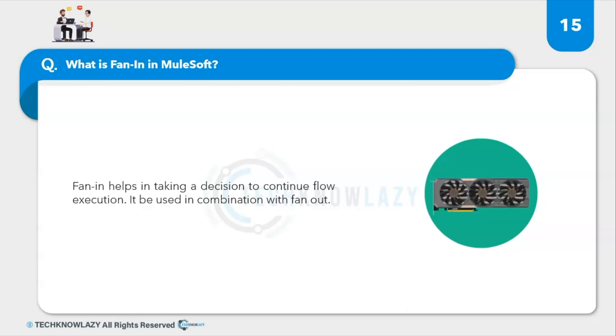Let's say there is some exception or any kind of warning. Now, MuleSoft gets to decide whether the flow of processors or the set of instructions needs to be continued or not. If it decides to continue, then it is called fan-in. If it decides to stop or halt, it is called fan-out.